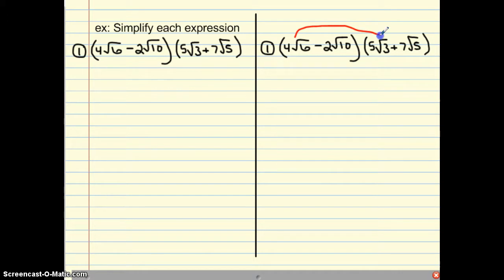Our first term will go here and there. Our second term will go here and here. So let's get started. Our first term will be 20 root 18.